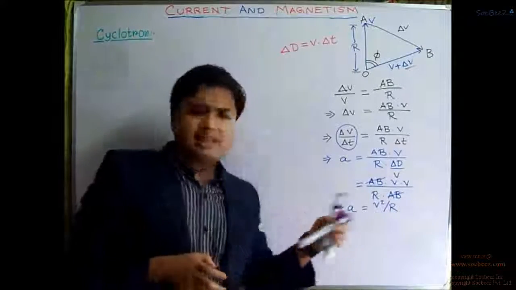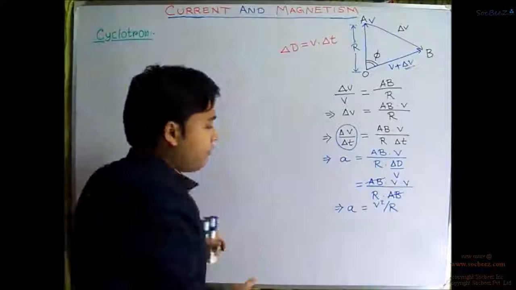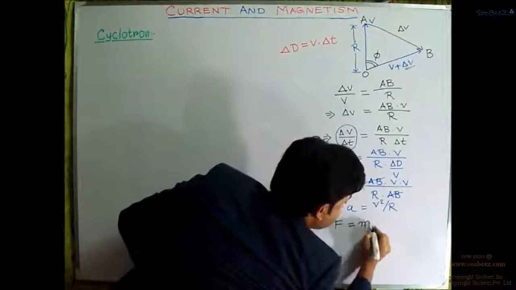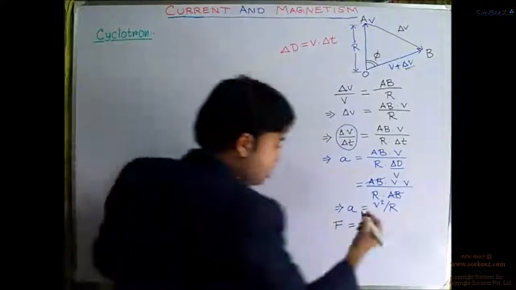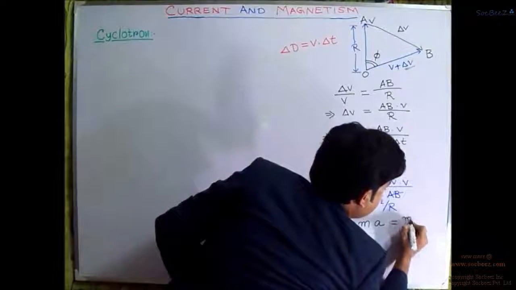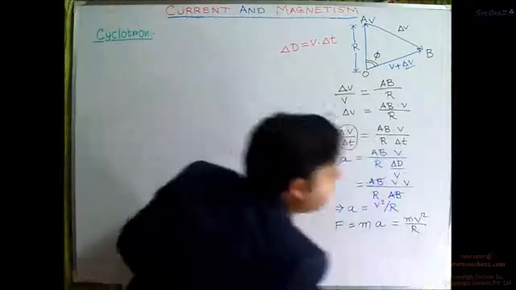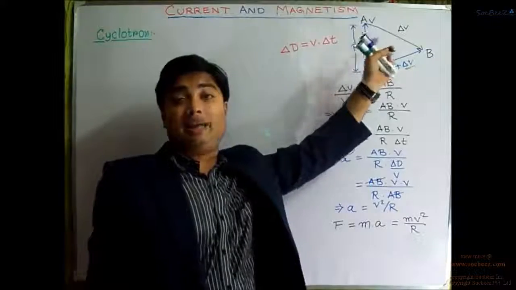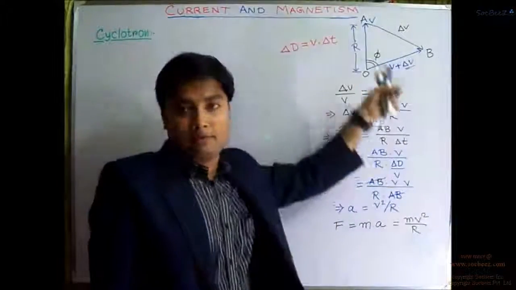Now if this is the acceleration, we know that force is basically equal to mass multiplied by acceleration, right? So we can say that the force is basically equal to m v square divided by r, while in this case we are seeing that something over at this point is rotating.